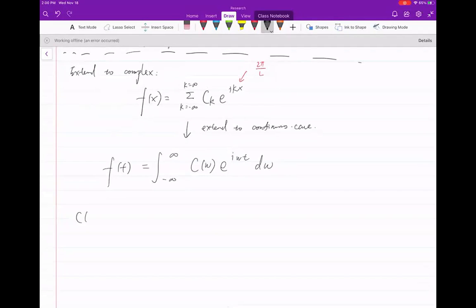So this C of omega, I'm actually going to notate it to be f hat of omega. You can simply do the computation. It's going to be this: f(t) e to the negative i omega t, with a 1 over 2 pi.